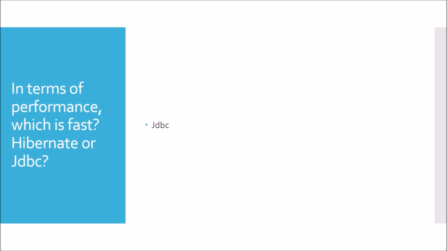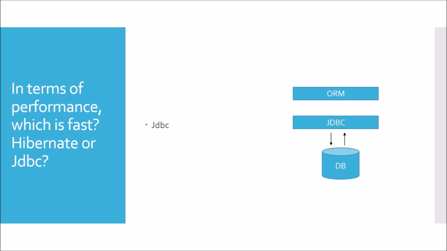So if you try to visualize the picture of where JDBC, ORM framework and JPA stand, it could be like you have a DB where you can perform CRUD operations. So JDBC would be the basic layer and it has performance for CRUD. On top of JDBC, we have the ORM framework layer.